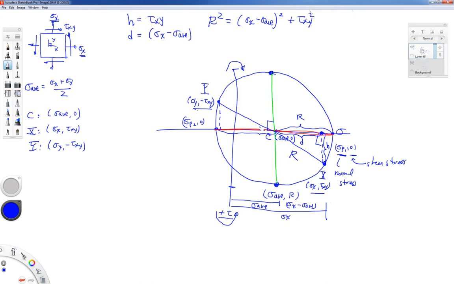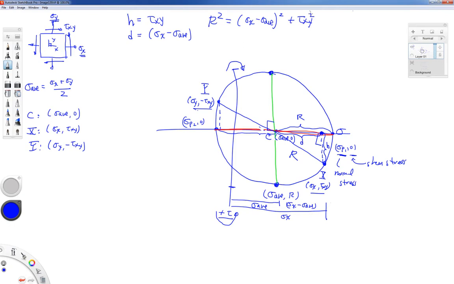So the point being, you don't have to memorize that equation for r squared. You just need to know how to read a plot. Once you have r, then the values of sigma p1 and sigma p2 are sigma average plus and minus the radius of the circle, as we talked about previously.